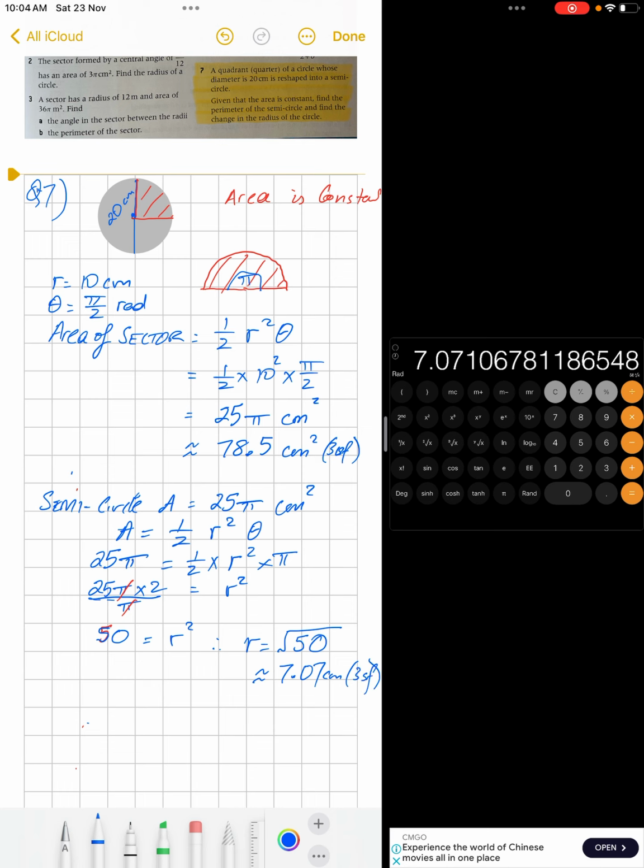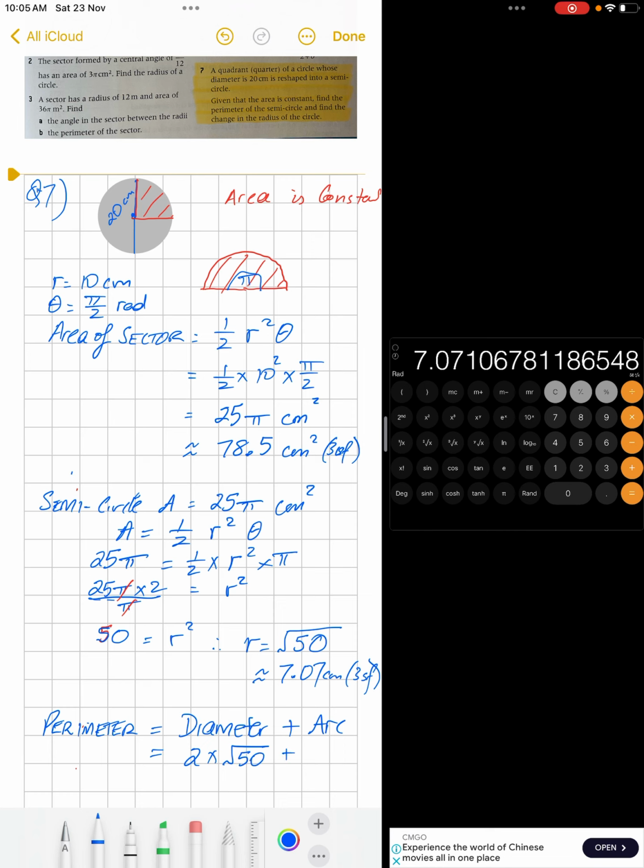Well, we were asked to find the perimeter of this sector. So the perimeter will be the radius plus the radius, or the diameter, plus the arc length. Now the diameter is double the radius, which is double root 50.